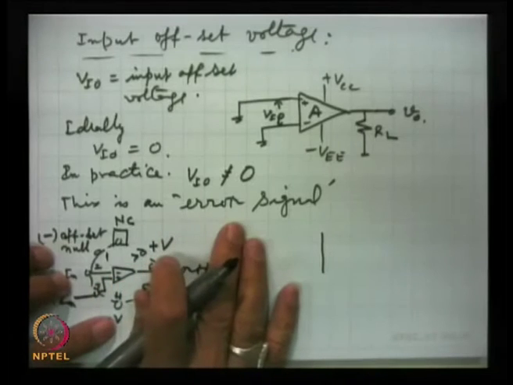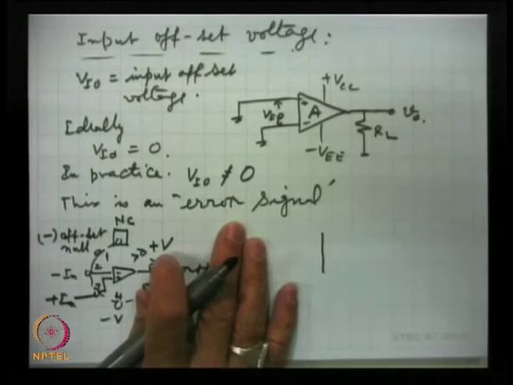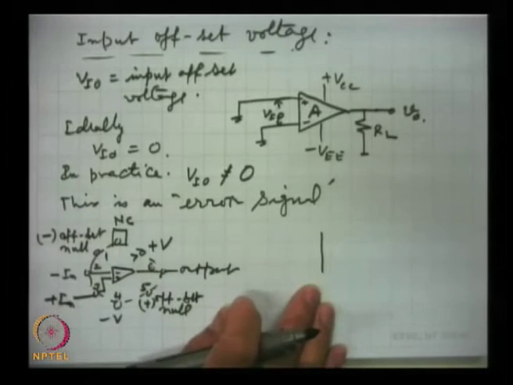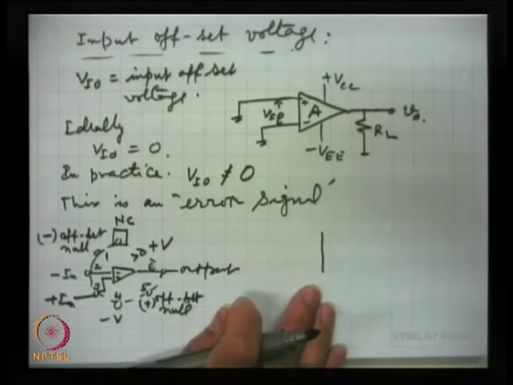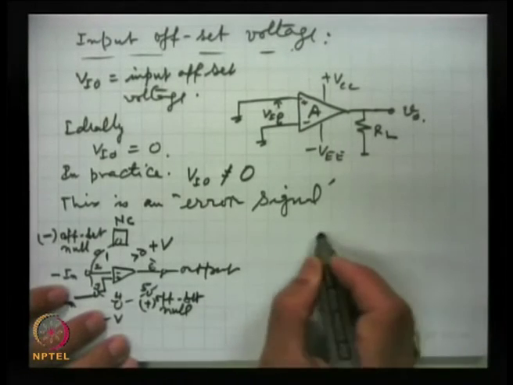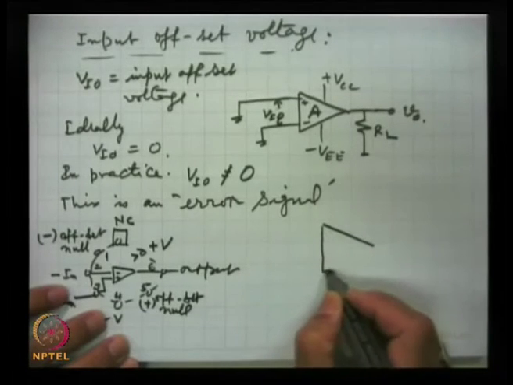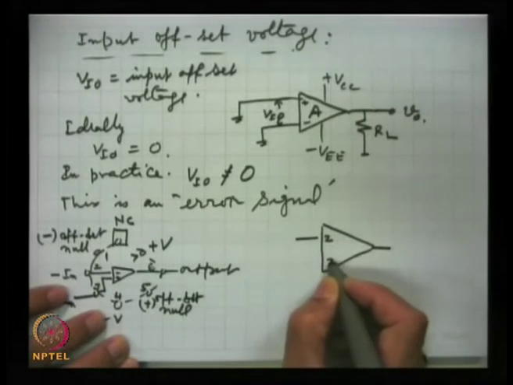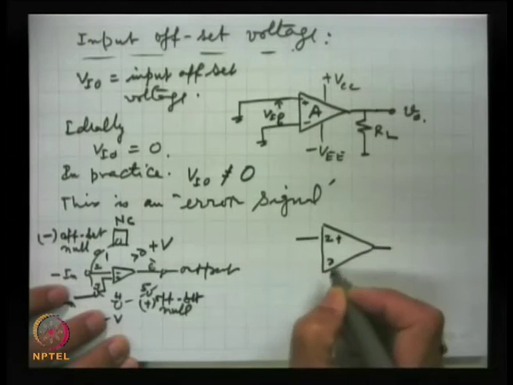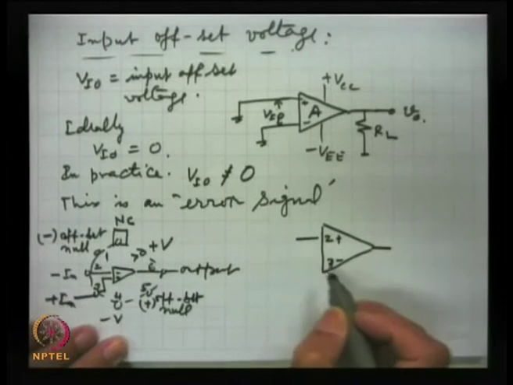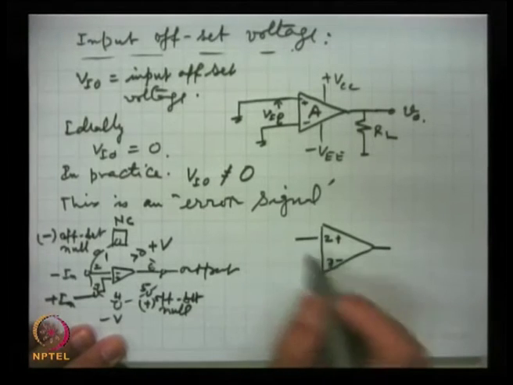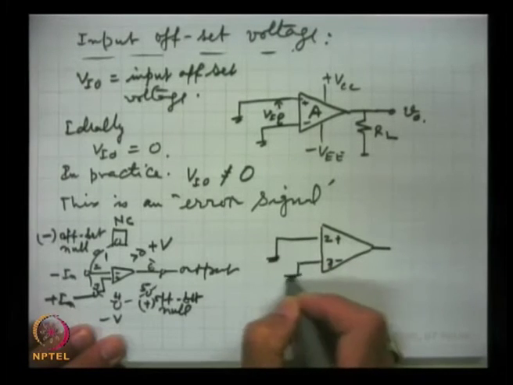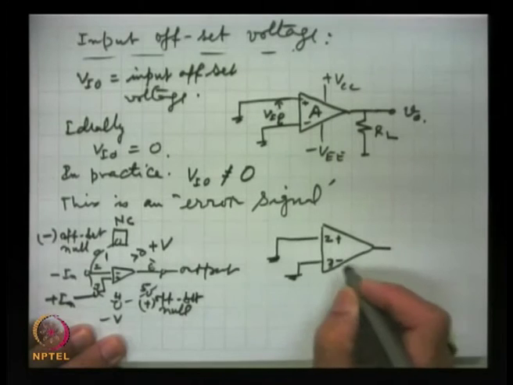This is done with almost every op amp. Whenever we want to use the op amp, we have to make corrective measures, and this is done invariably for all op amps. It is very simple. These are the two inputs 2 and 3, this is non-inverting, this is inverting, and both are grounded, and this is pin number 1 here.